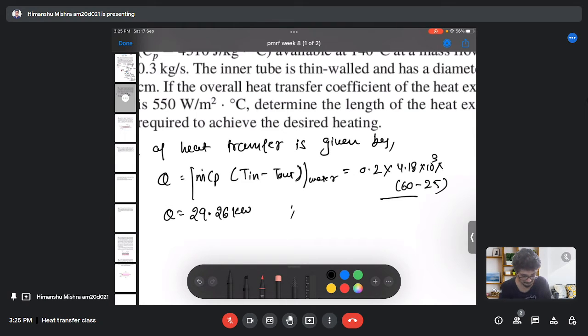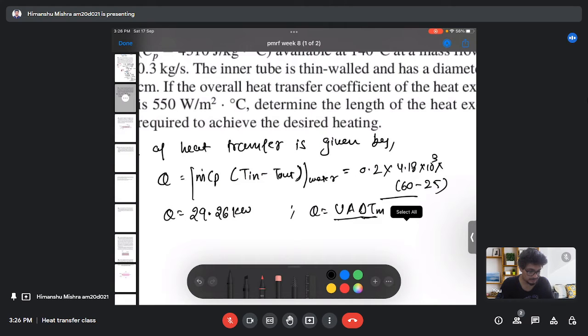Now, as I already said, to determine the area or the length or the dimension of the heat exchanger, we need to use this relation. The heat transfer is actually given by the overall heat transfer coefficient, the area, and the logarithmic mean temperature difference.